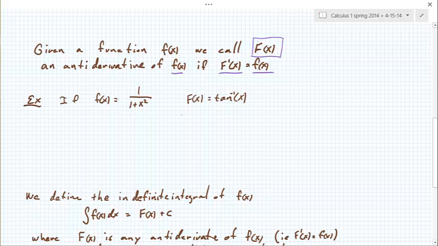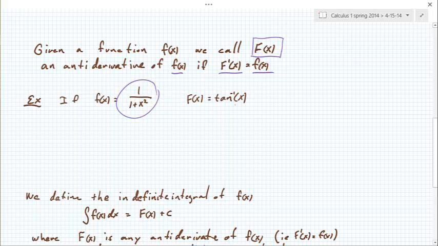So here's an example. If f of x is equal to 1 over 1 plus x squared, then an antiderivative for that function would be tangent inverse of x.